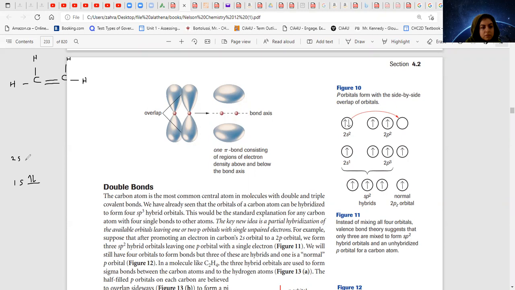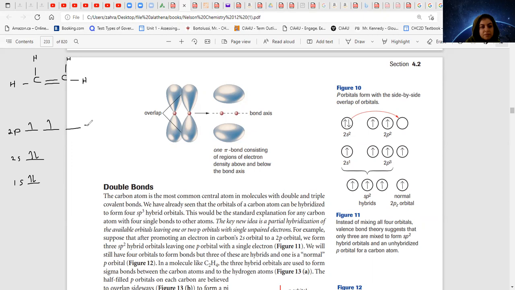2s, 2 electrons in that, and 2p. See, we want the hybridization again because we have 3 single bonds around each carbon, and here is a double bond.